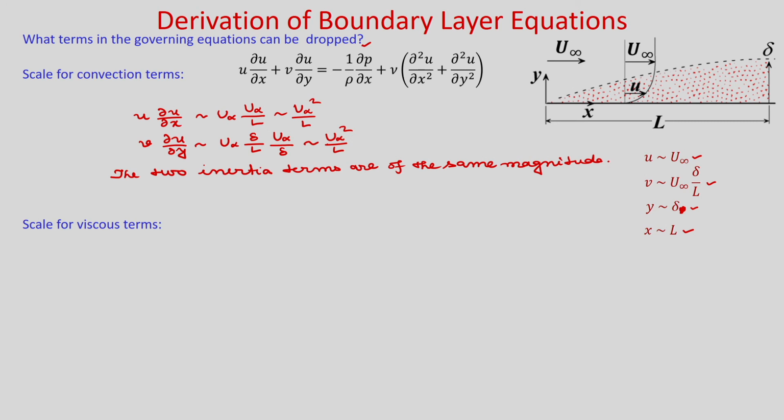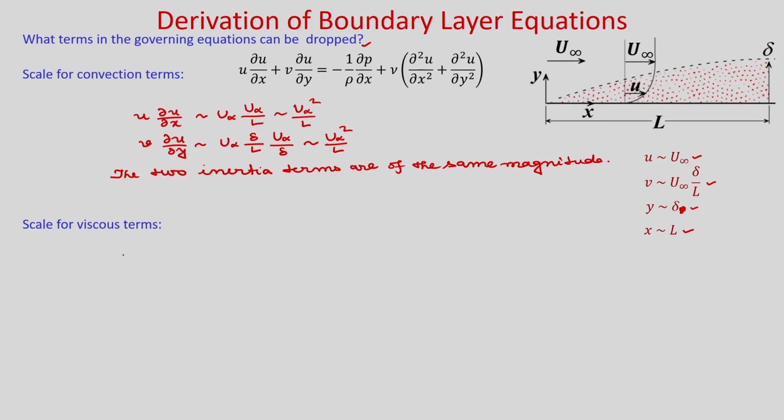Now, let us consider the viscous terms. Okay. So, we have del 2 u by del x square. So, you can see this is the order of u infinity divided by L square, and you have del 2 u by del y square, which is of order u infinity by delta square.